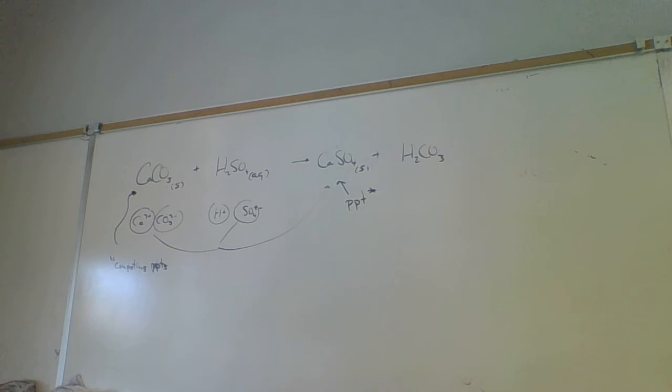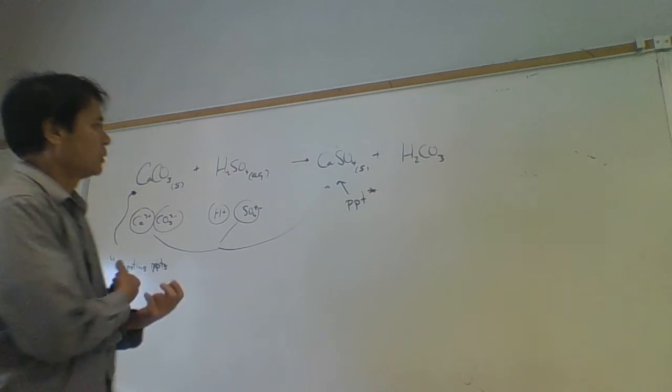So, based on melting point, which one do you think is more stable? Calcium sulfate. Why? Yeah, it has a higher melting point. So in order to melt it, we have to break apart the ions.